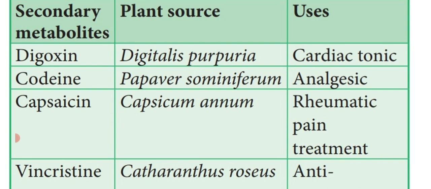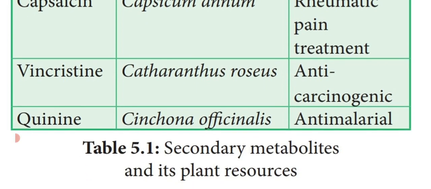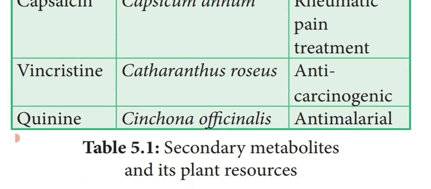Then capsaicin, from Capsicum annuum, that is chili, is used for rheumatic pain treatment, that means the joint pains are relieved by the secondary metabolite known as capsaicin. Then vincristine from Vinca rosea, the old name of Catharanthus roseus, is an anti-carcinogenic, that means it is used in cancer treatment.